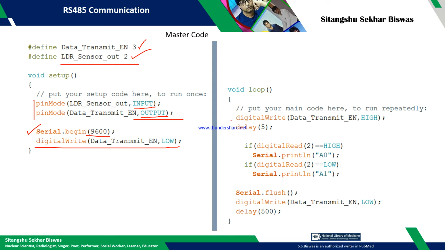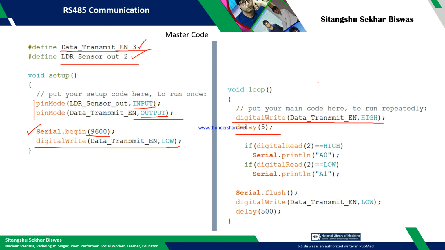Okay. Now, as I told, to initiate the transmission, we need to make this pin, pin 3, high. So that's why you see, before starting the transmission, I made this high. Once it is high, the device is ready to transmit the data. And why did I give a delay?